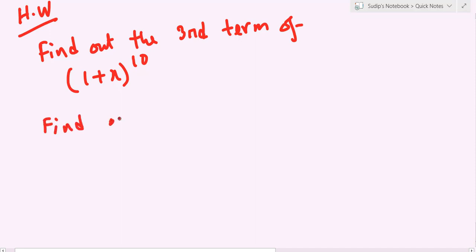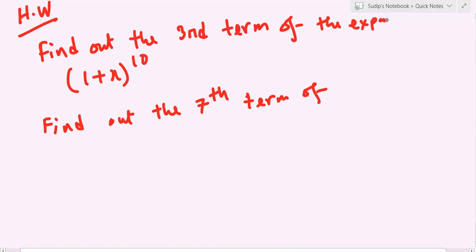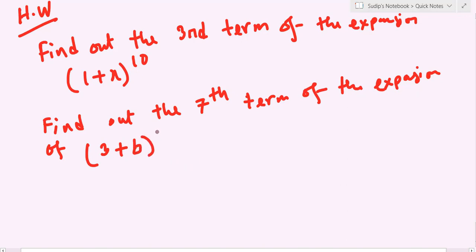Find the seventh term of the expansion of (3 plus b) whole to the power 11.